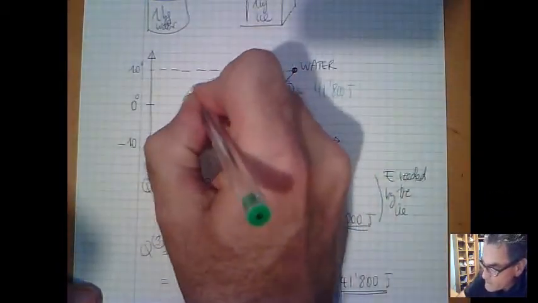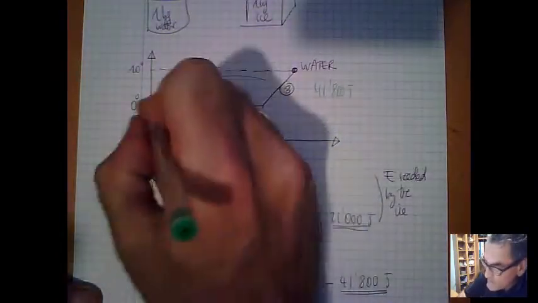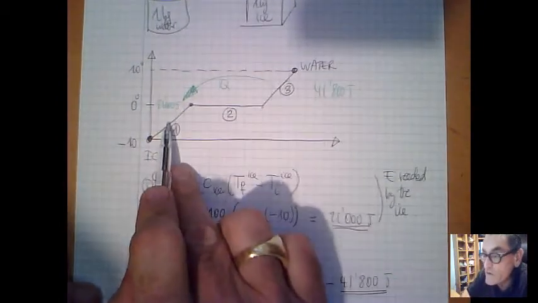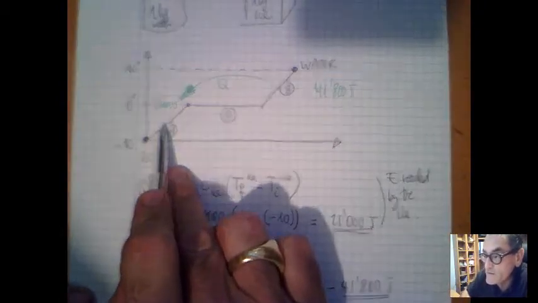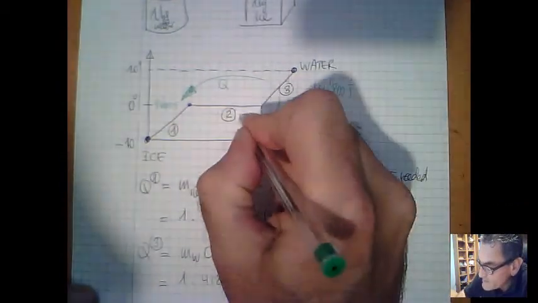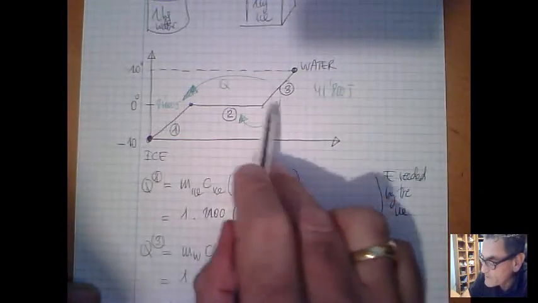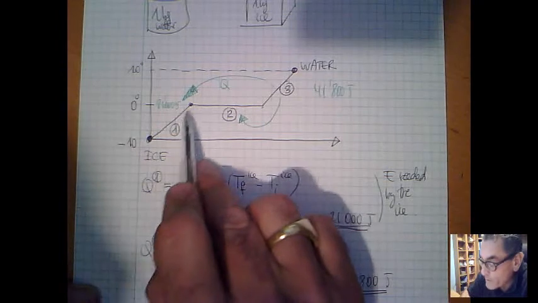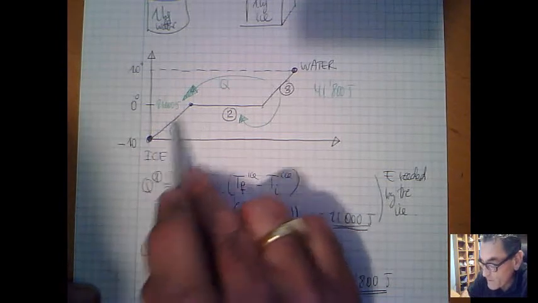Where do they go? Well, a part of it, I'm going to write it here, 21,000 joules, they go here to melt the ice. Sorry, I said something wrong. This 21,000 comes here to warm up the ice from minus 10 to 0.